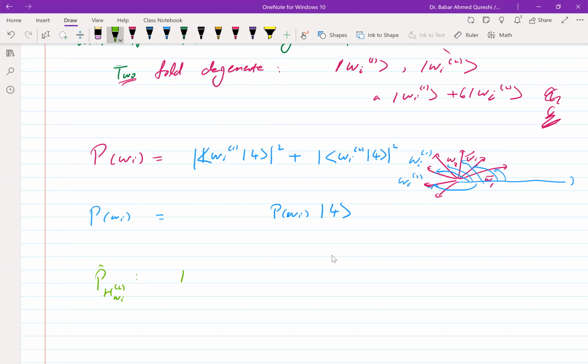So pick any orthonormal basis in this, and make this object.